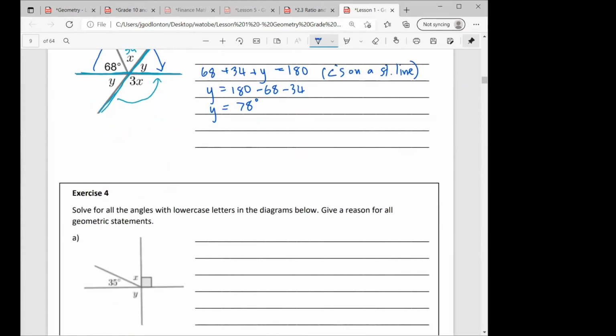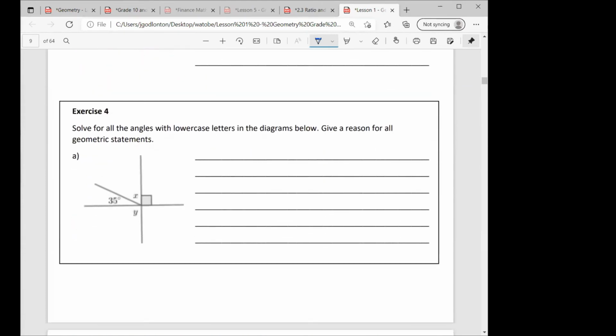Okay, beautiful. So try exercise 4 for me, but just A for the moment. We're going to see how far we can get today. And I want the value for X and I want the value for Y.